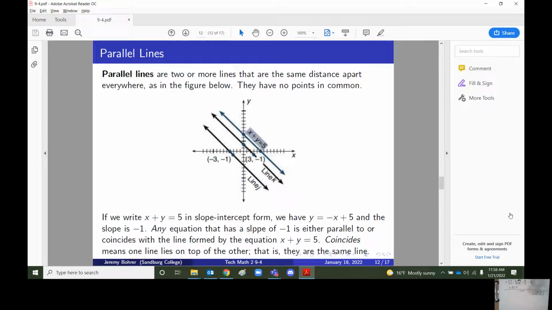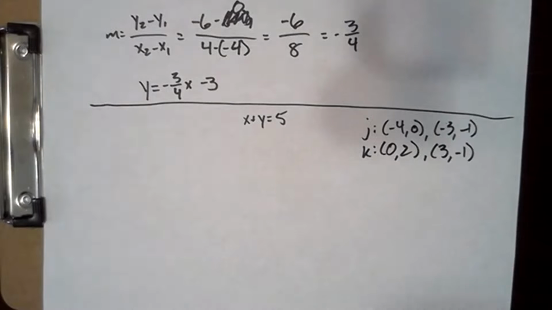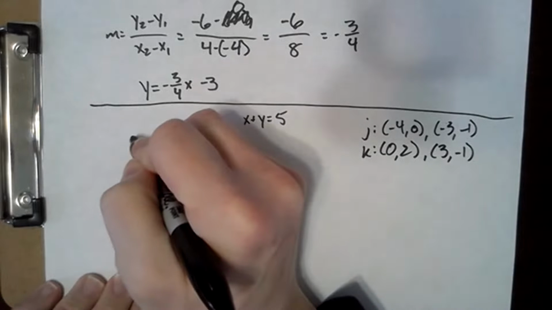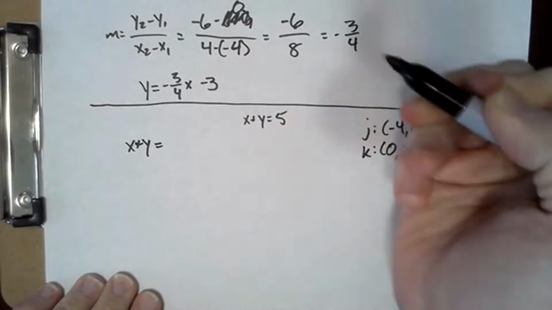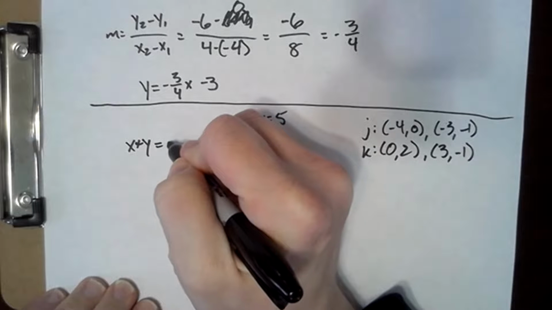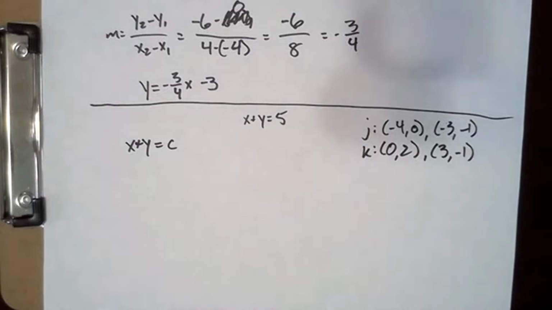So going back to our paper, this isn't so hard to do. We know that these lines are parallel. And so any line of this form is going to have the form x plus y equals some value. We'll call that value c.